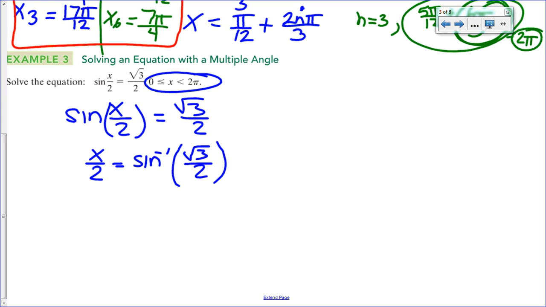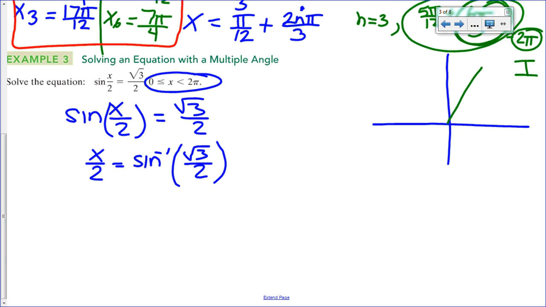And then I want you guys to think about this. So let's see. Where is the sine positive? Let's think about that first. Quadrants 1 and 2. So quadrant 1, remember, it's not pi over 6, it's the other one. What is it? Pi over 3.